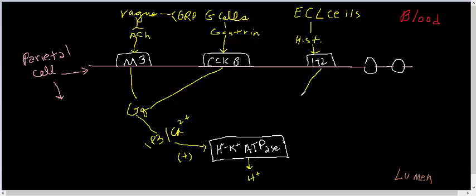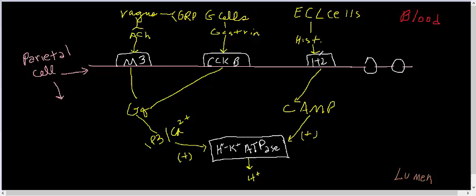This in turn will lead to the increase in intracellular cyclic AMP, which will then stimulate acid secretion via this hydrogen potassium proton pump factory.